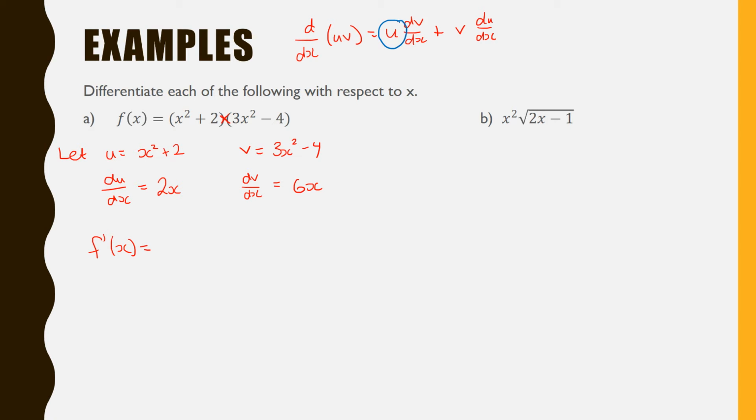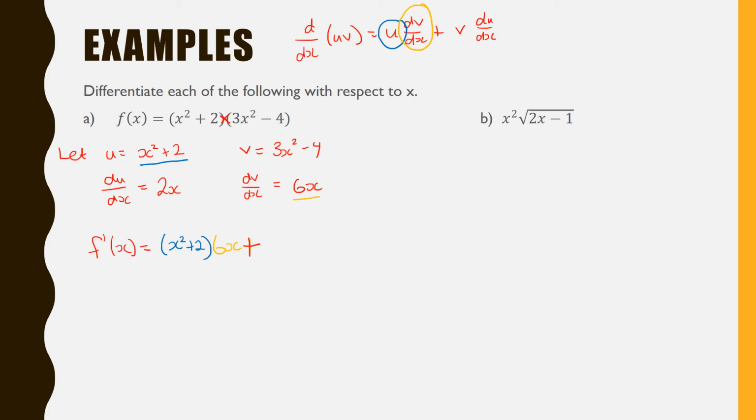We have u, x squared plus 2, that has been multiplied by dv/dx, the derivative of the v function, which is this one here, plus, so goes our formula.